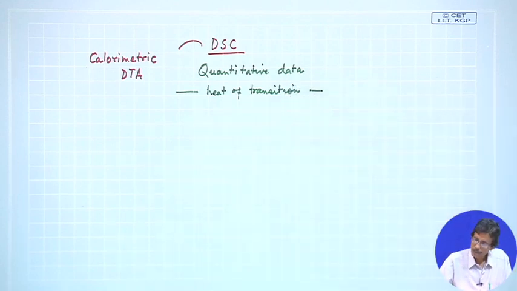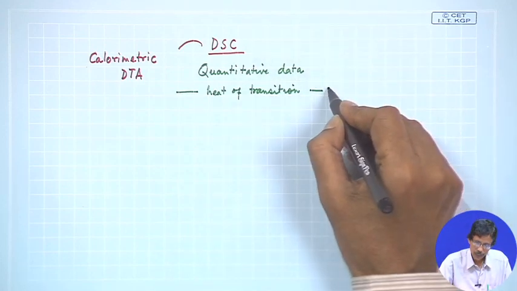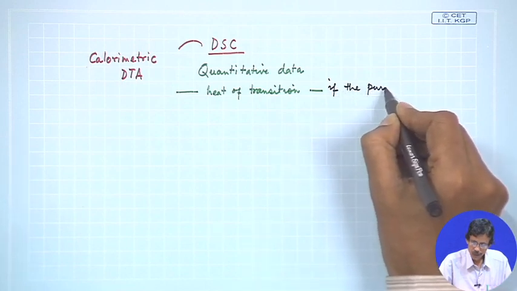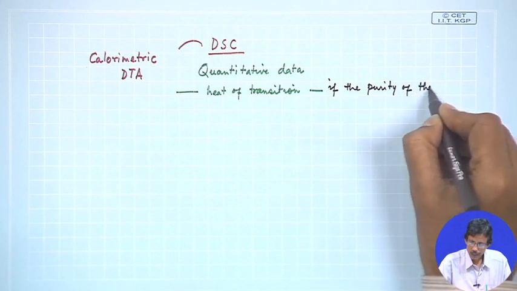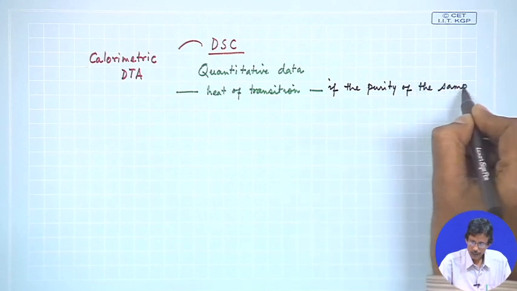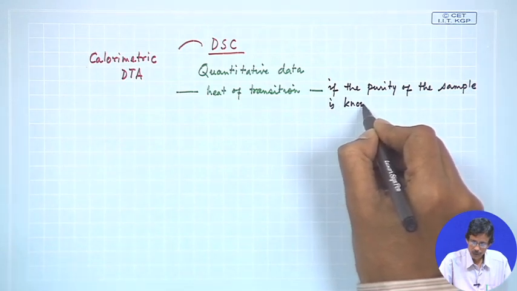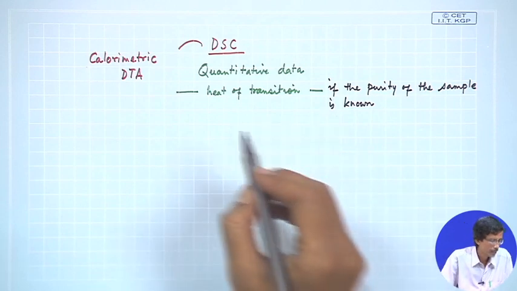If the sample what we use is a pure one, if the purity of the sample is known, we can find very nicely the heat of transition.